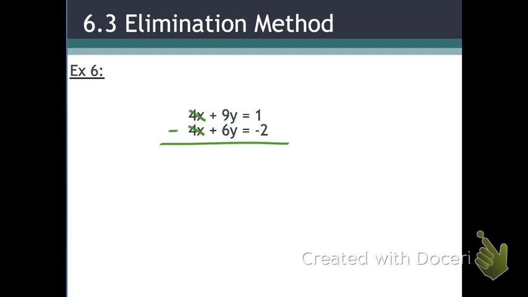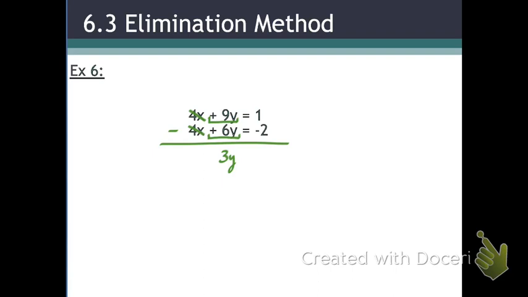When I subtract 9y minus 6y, I get 3y. Now, it's important to notice, remember, these signs, our plus or our minus sign, get lumped in with whatever term is right after it. So if this was minus 9y, we would have to think about subtracting negative 9, so make sure that you're keeping your positive and negative signs straight.